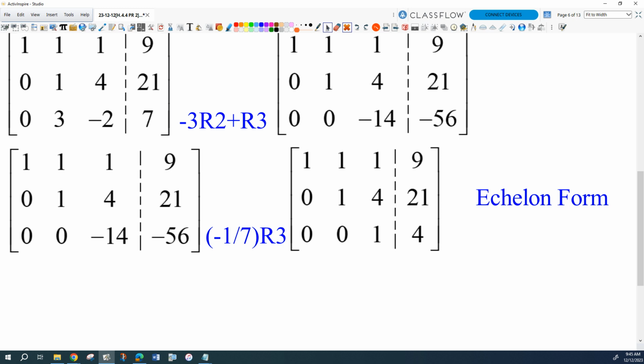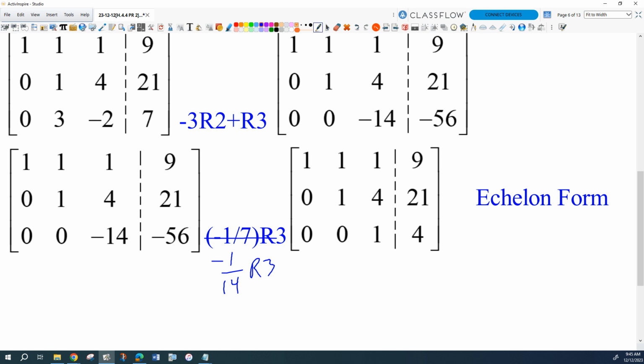I think that was supposed to be a 14, because 14 times 4 is 56, yeah. So I got to change that. This was supposed to be negative 1/14 R3. Okay, so I got the bottom taken care of.